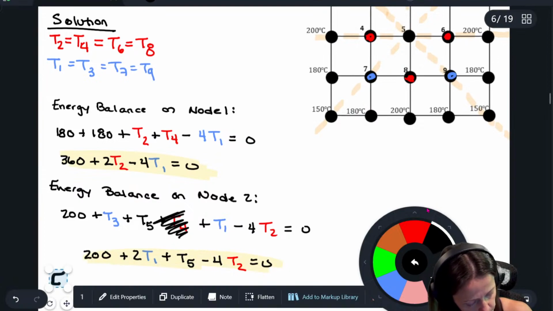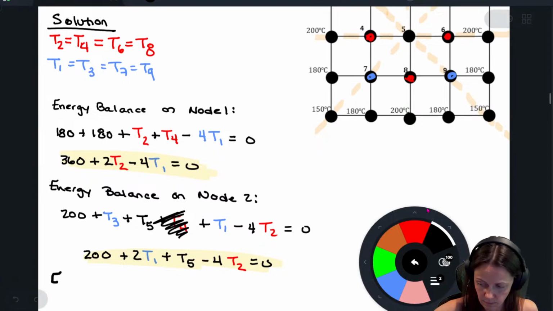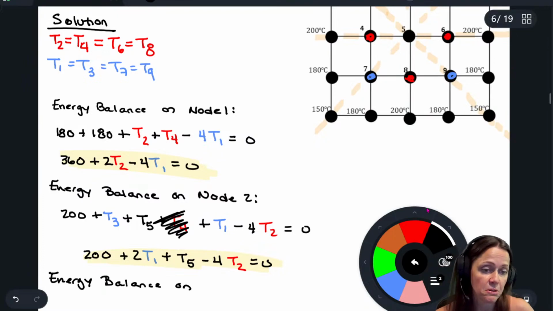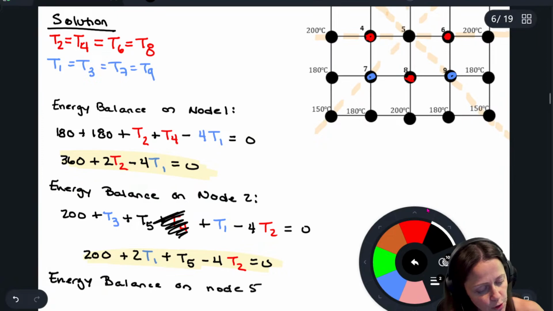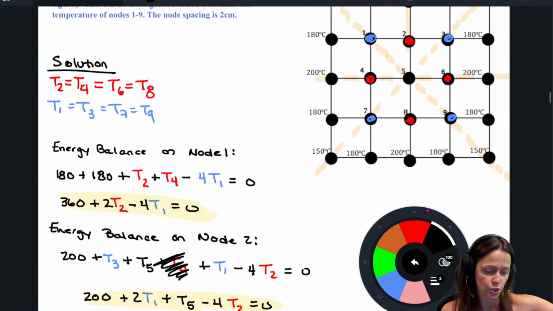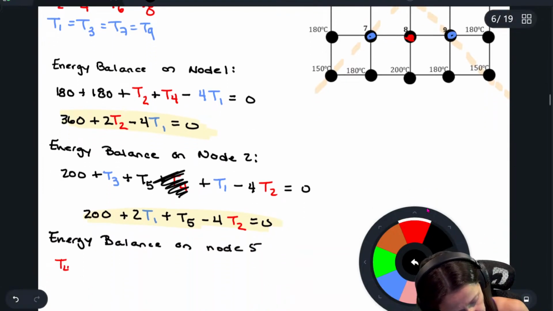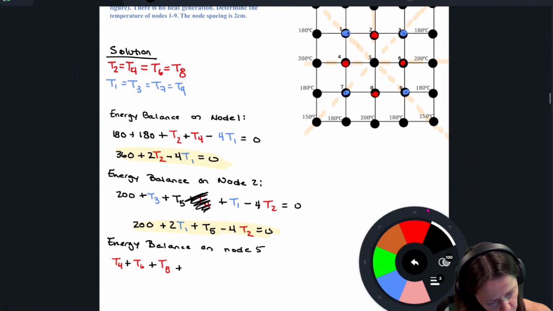And now we're going to do the same thing. We're going to do an energy balance on, let's do it on node 5. Okay. So for node 5, I've got 2, 6, 4, and 8. So T4 plus T6 plus T8 plus, there was a 2, 4, 6, 8.